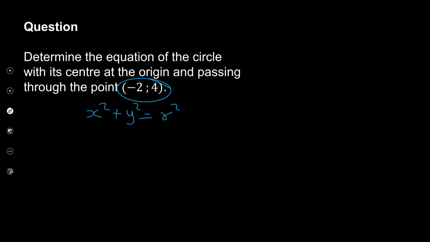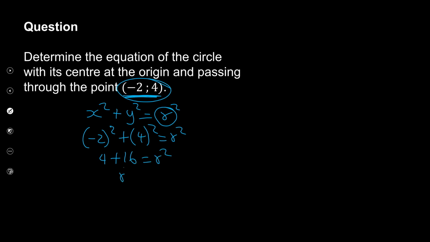We know that this circle is passing through the point minus 2 and 4, meaning the distance, which is the radius, we can find it by substituting the point minus 2 and 4, which will make it (minus 2) all squared plus 4 all squared is equal to r squared. And this will be 4 plus 16 equal r squared. Then r squared will be equal to 20.